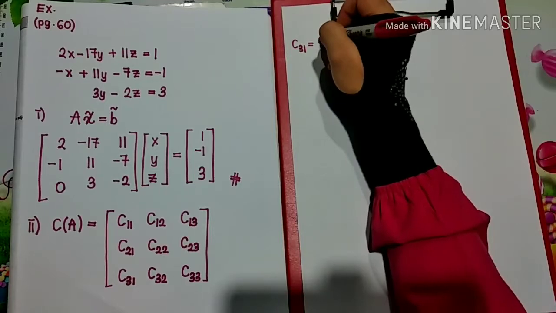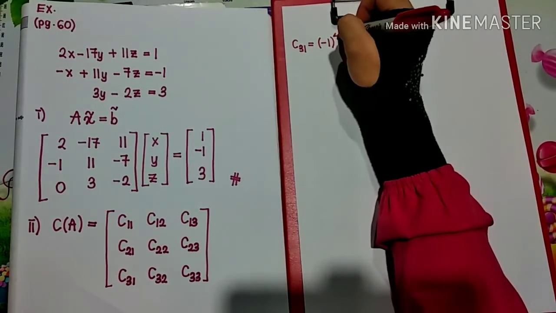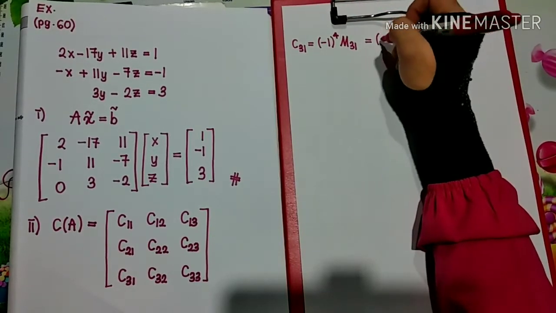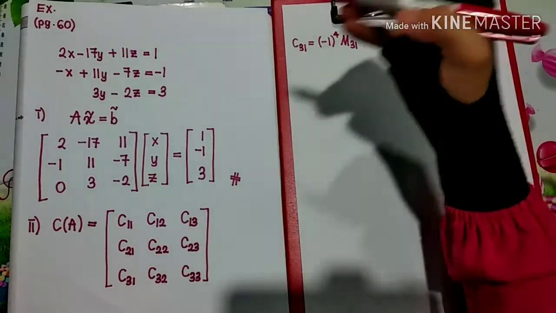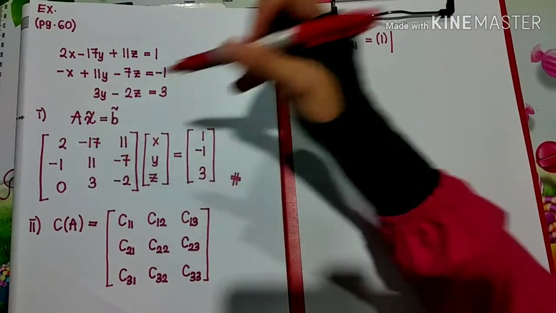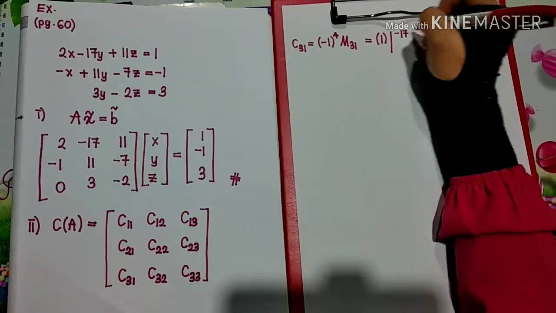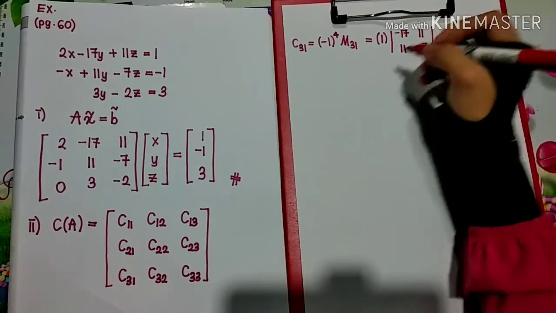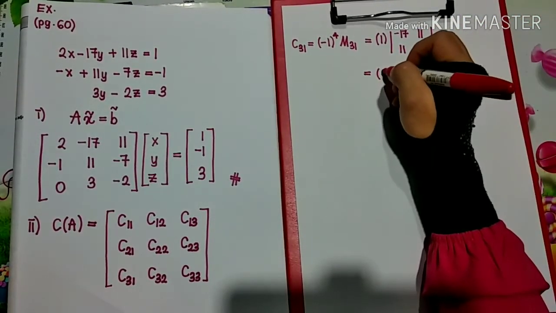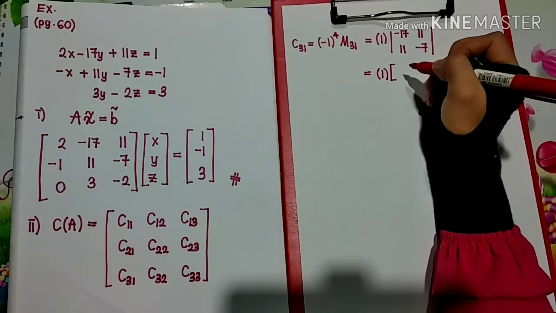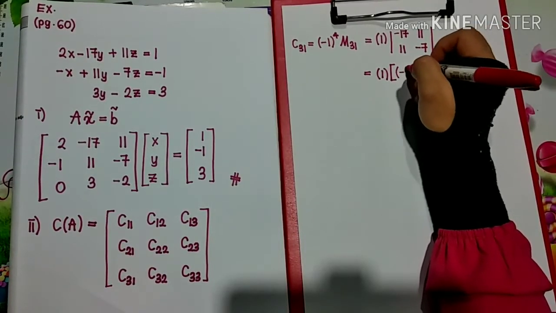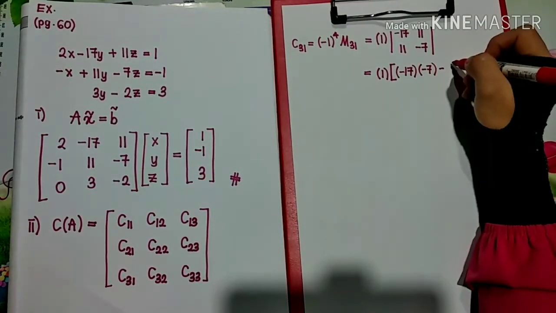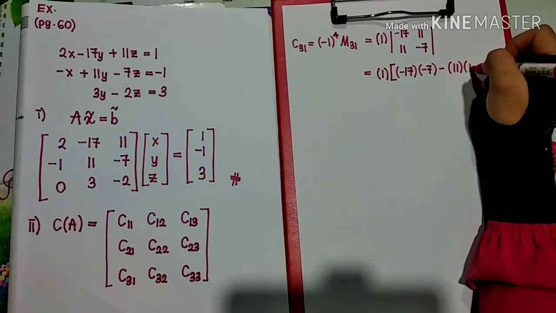Okay, we compute C31. So negative 1 power 4 and 31 equal to negative 1 power 4, 1, M31, third row, first column. So negative 17, 11, 11, negative 7. So we solve for this one. So this one, 1, sorry. So negative 17 multiplied with negative 7 minus 11 multiplied with 11.